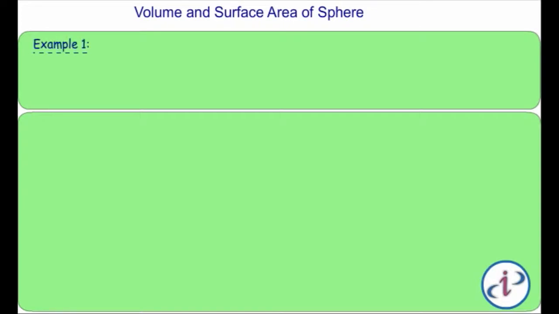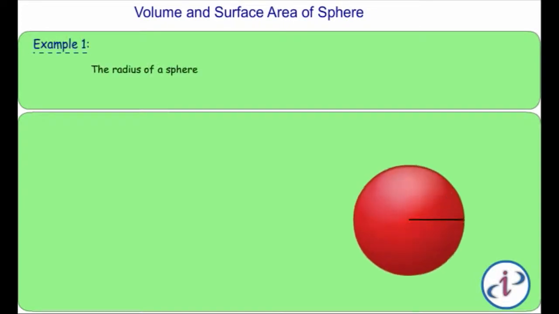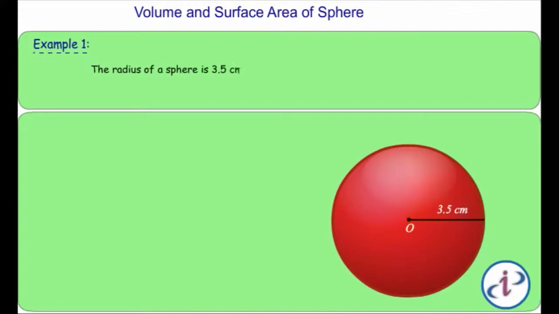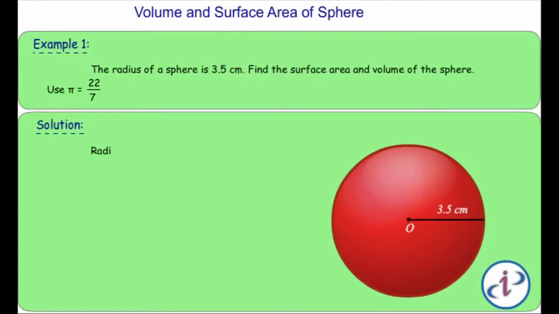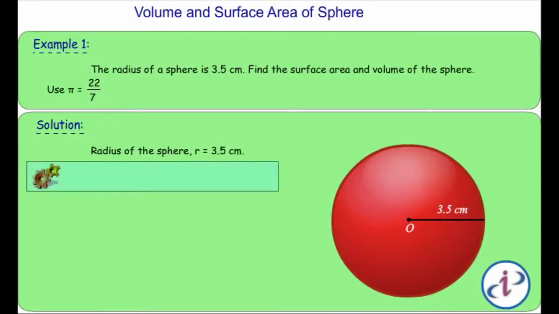Example 1. The radius of a sphere is 3.5 centimeters. Find the surface area and volume of the sphere. Solution. Here, the radius of the sphere is given as 3.5 centimeters. We know the surface area of the sphere is given as 4 times pi r squared square units.